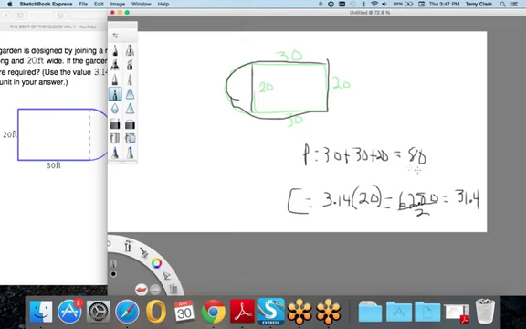Now I'm going to take the 31.4 and the 80 and add them together because I need the circumference and the rectangle added together. So I'm going to take 80 plus 31.40.